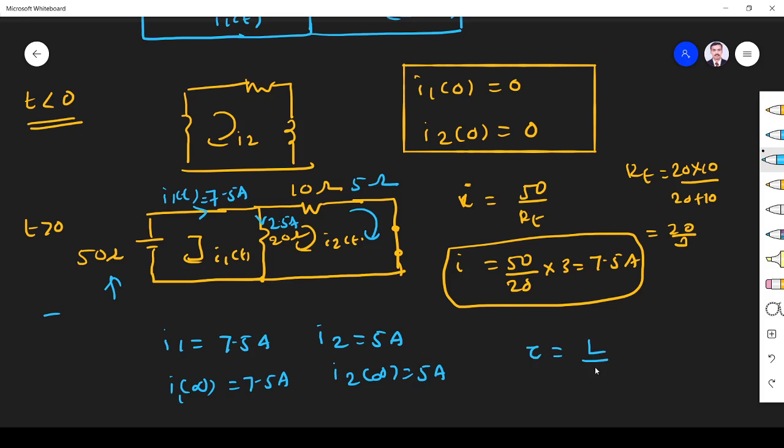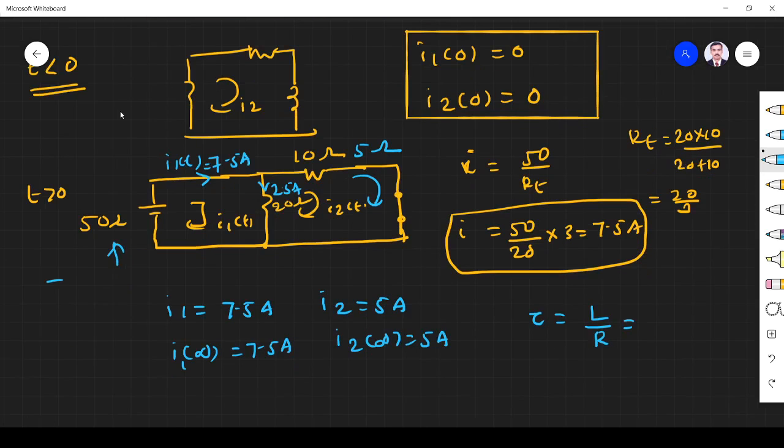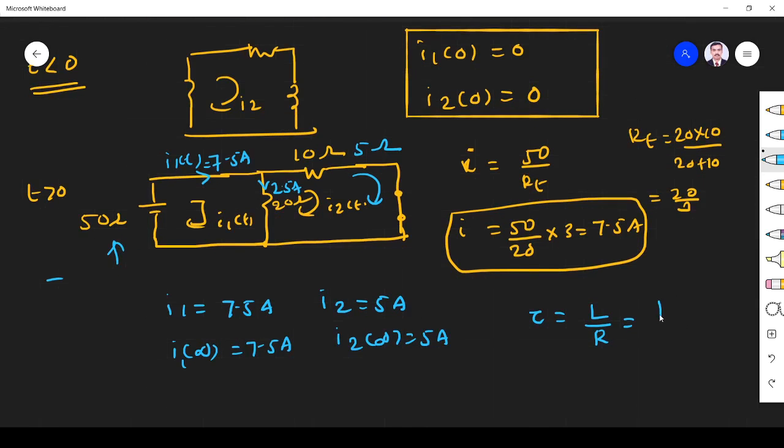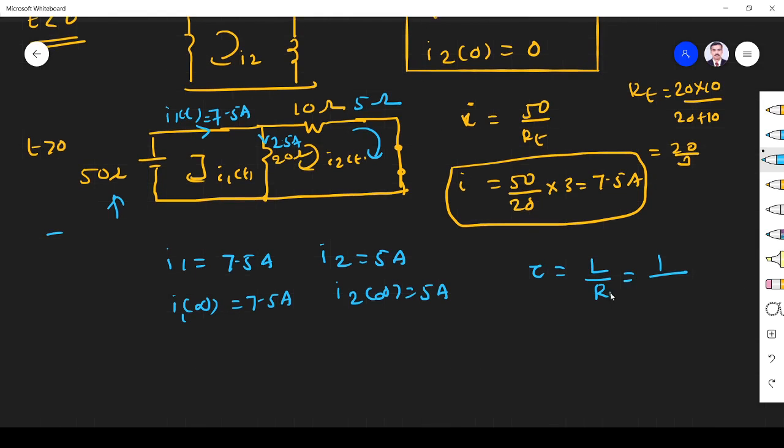Tau is equal to L by R. L, as per the problem, what is the L value? 1 Henry. Right? So 1. Now you see the circuit has two resistors. Whenever we have two resistors in the circuit, R is nothing but Thevenin's equivalent resistance. So how can we find the Thevenin's equivalent resistance?